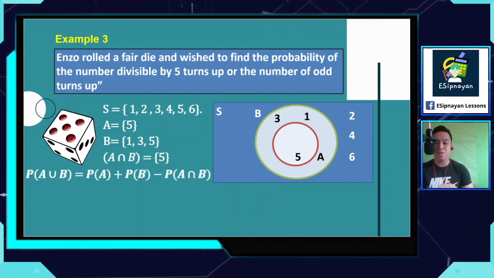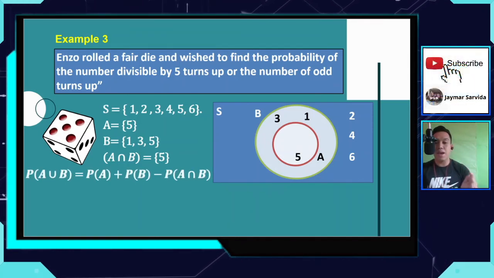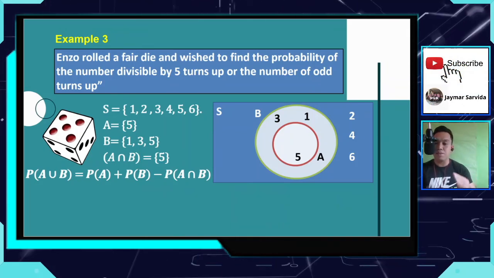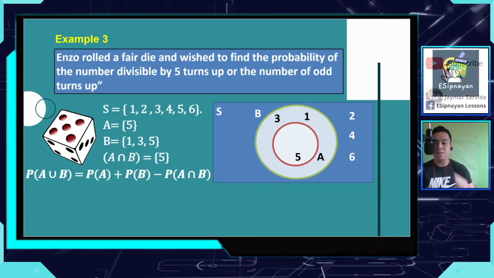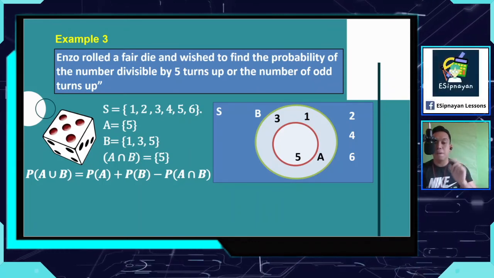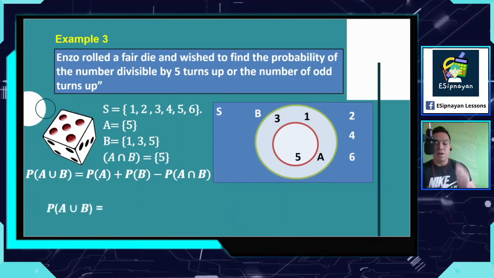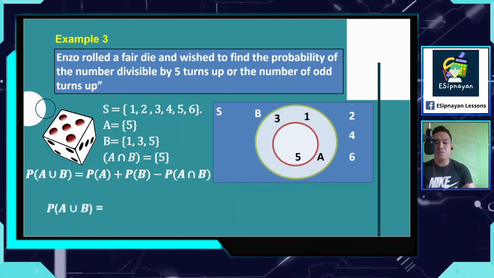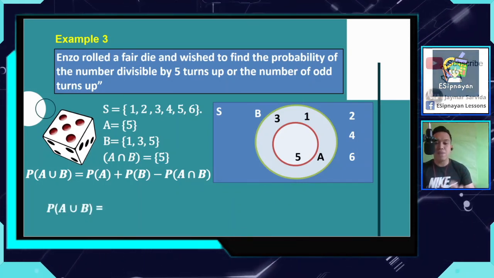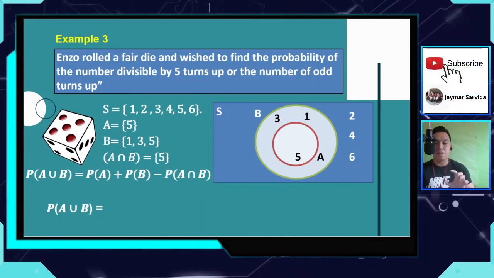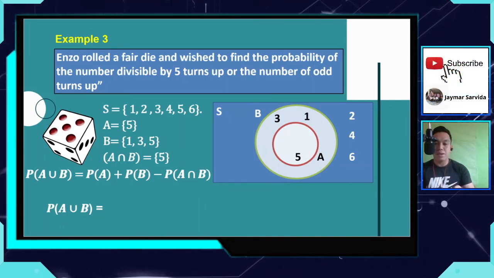So, ito yung ating formula. The probability of A union B equals the probability of event A plus the probability of event B minus the probability of A intersection B. Okay, so i-substitute na natin ngayon yung ating mga given value dito sa ating formula. So the probability of event A, so what is the number of favorable outcome in event A?